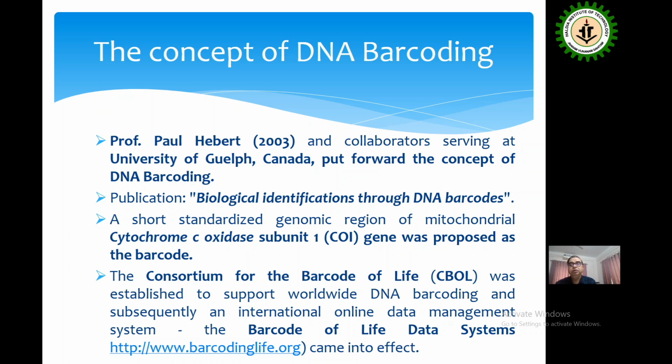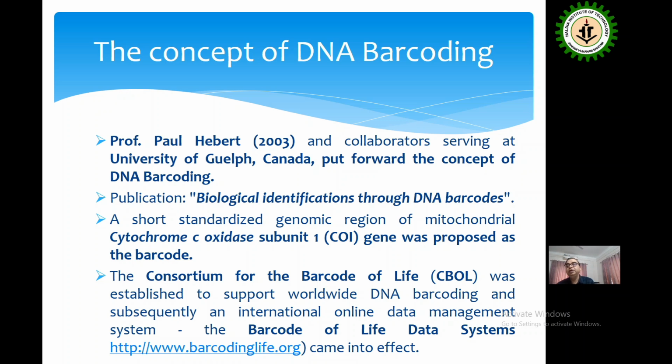You know that mitochondrial DNA is circular and it has many advantages. Number one, it is found in high copy number. That means during barcoding, we do not need to isolate the mitochondria to get the mitochondrial DNA.